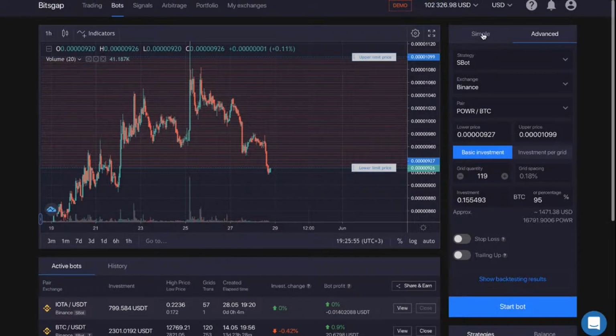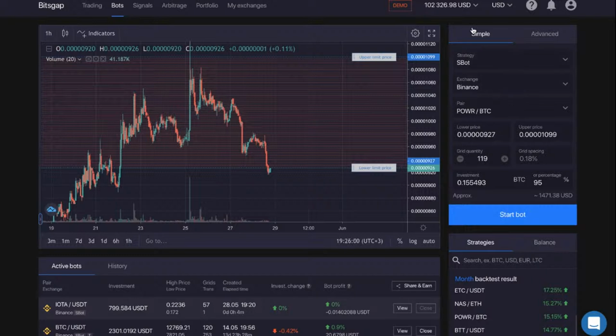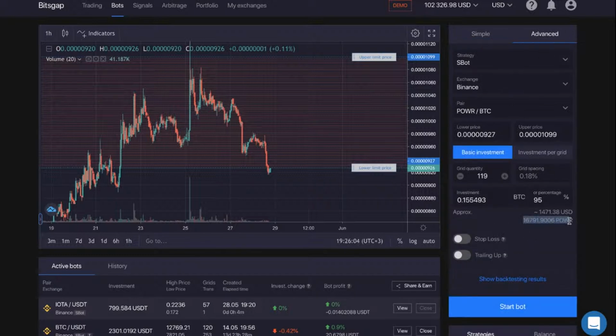There are actually two options for you, the advanced and the simple one. The difference basically is that in the advanced section you can see this investment distribution, and you also have the stop loss function and the trading up function, which I will explain to you a little bit later.